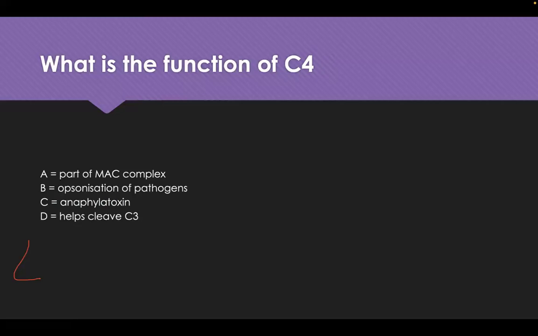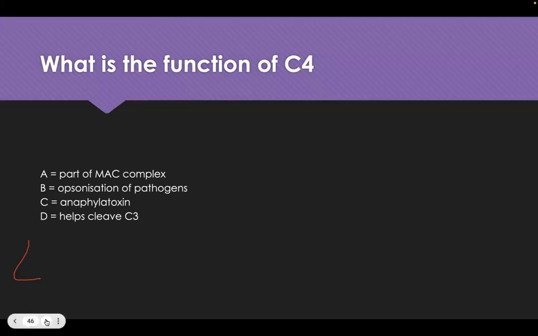I don't think anything else is required in any more detail, but it causes activation of neutrophils, it causes activation of macrophages and just increases the inflammation. Because the MAC complex is for the lysis, opsonization is for the tagging and everything that we spoke about before, and that is more just a general inflammatory mediator. Does that answer your question? Yeah, thank you. It's okay.